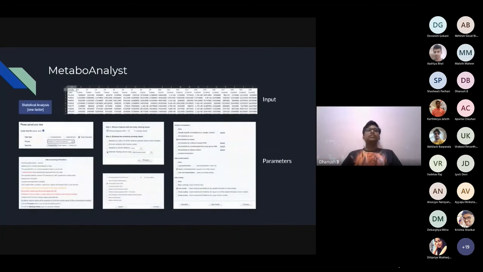This CSV file is further taken for analysis using MetaboAnalyst, which is a web server tool used to analyze the MS data. Then statistical analysis is done for the CSV file, which contains the protein peak intensities.